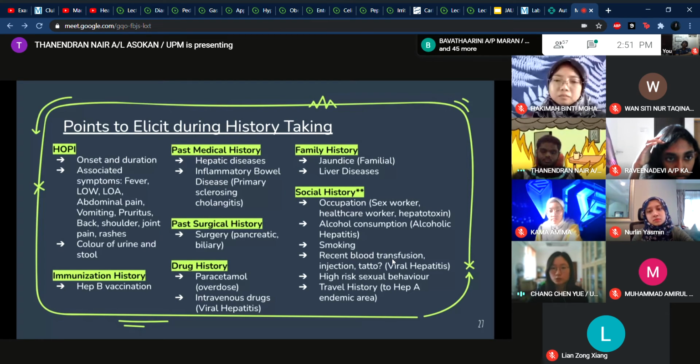Is he or she a smoker? Any recent blood transfusion, injection, or tattoo? Any recent high-risk sexual behavior? And ask about the travel history. Maybe he or she will travel to a hepatitis A endemic area, so there will be a higher possibility for her to get infected. Next.